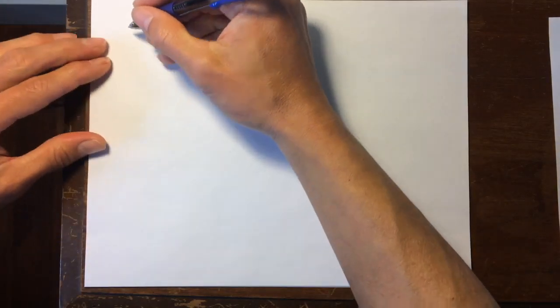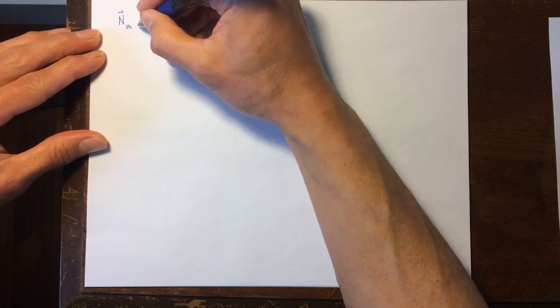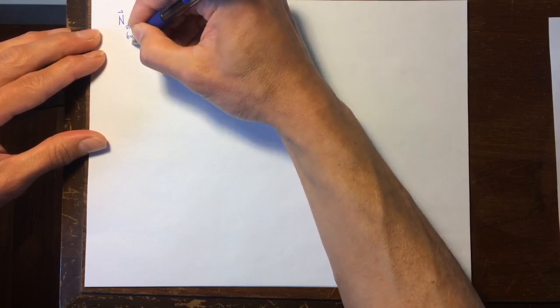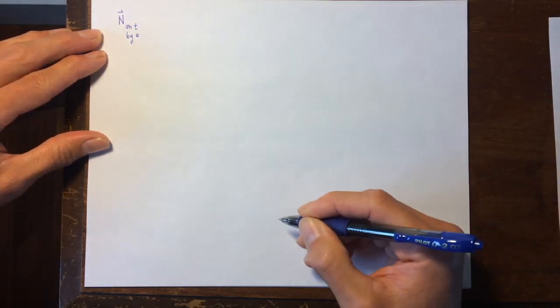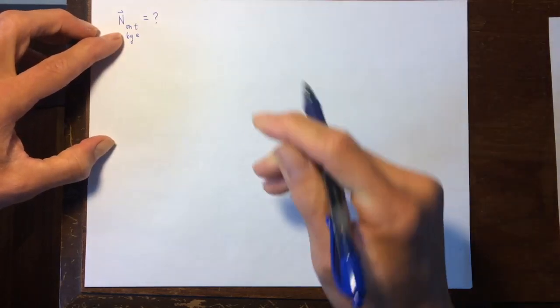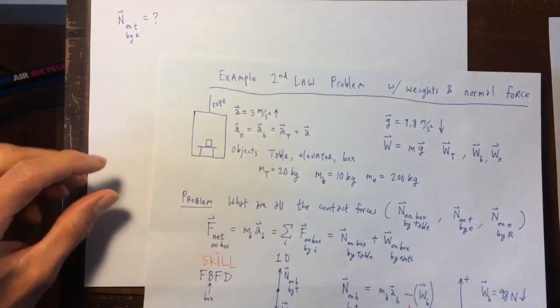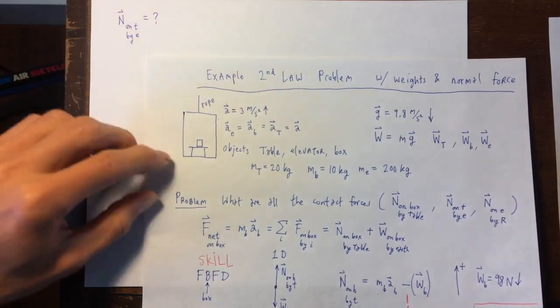We're wondering at this point, what is the normal force acting on the table by the elevator? So that's our new problem. This is my goal on this piece of paper: the normal force on the table by the elevator.